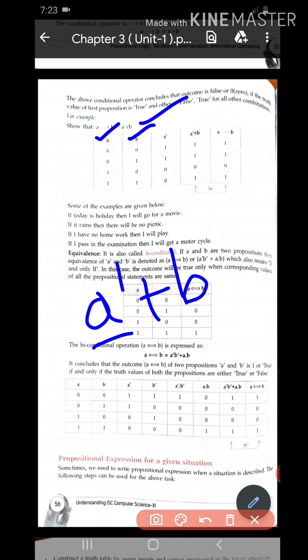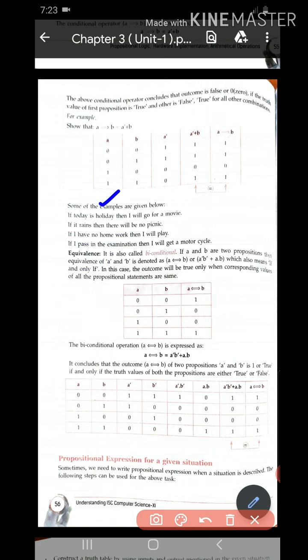First of all, we have to find the value of A dash. How are we going to find it out? A dash: see, A and A dash, match it. I told you dash is negation, means what we are providing is just the opposite. Dash is just opposite. If we are writing 0, then dash is 1. If we are writing 1, then dash is 0. Just opposite values what we are having.